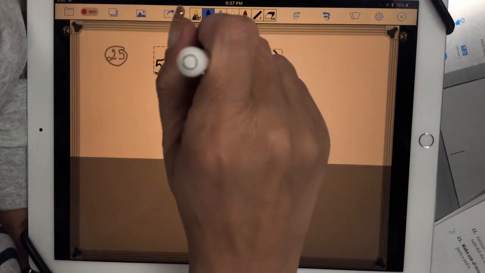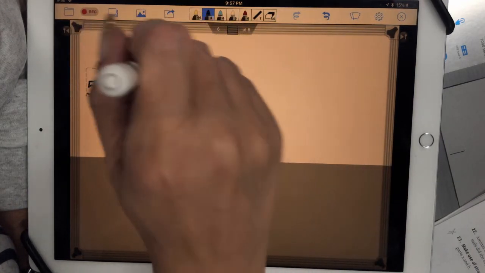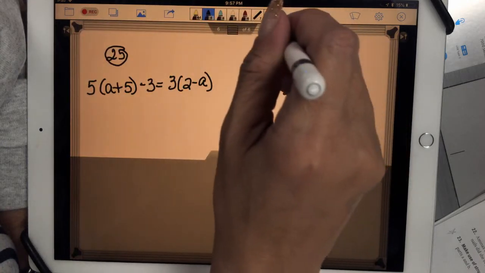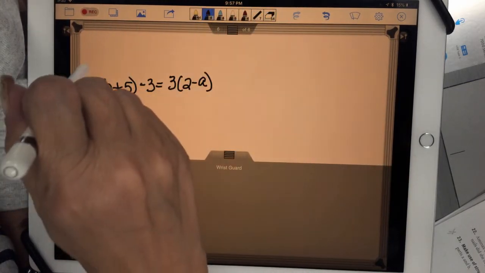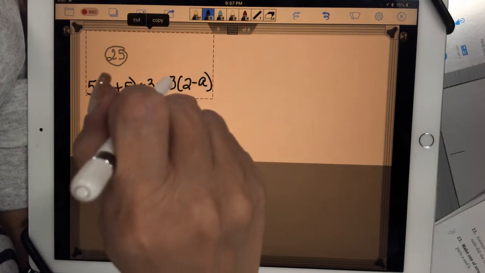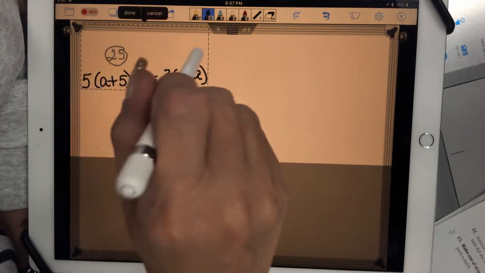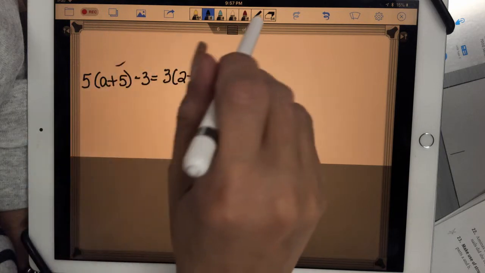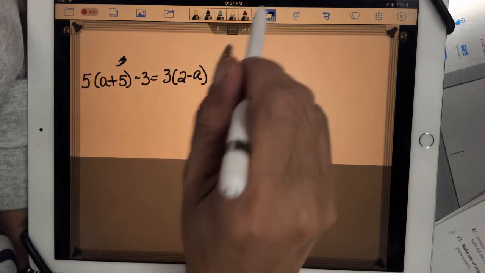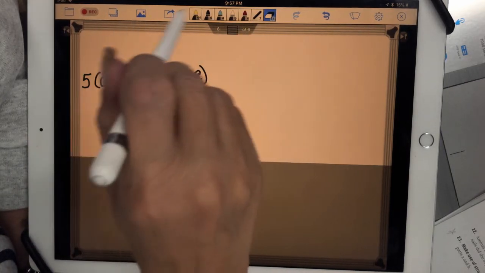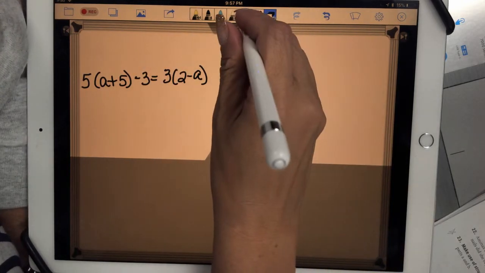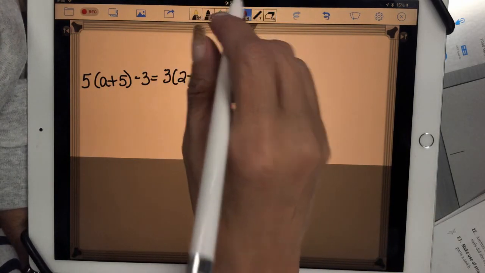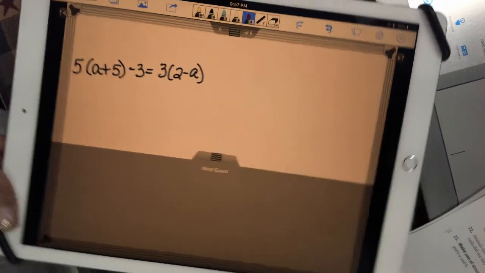I'm going to take this and move this over here a little bit. And this is 25. I'm going to erase that because I want to be able to get it, because it's going to be kind of long. Okay, so let's just go ahead and start labeling it. Here, you know what, let's actually do this.